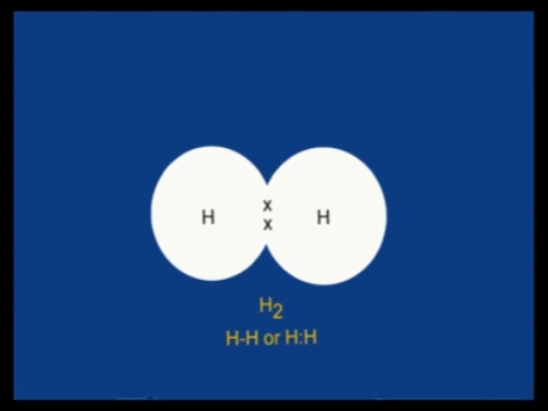Realize a covalent bond is represented by two dots or a single short line. A single covalent bond is formed by a pair of electrons, and it is represented by a short line as indicated.